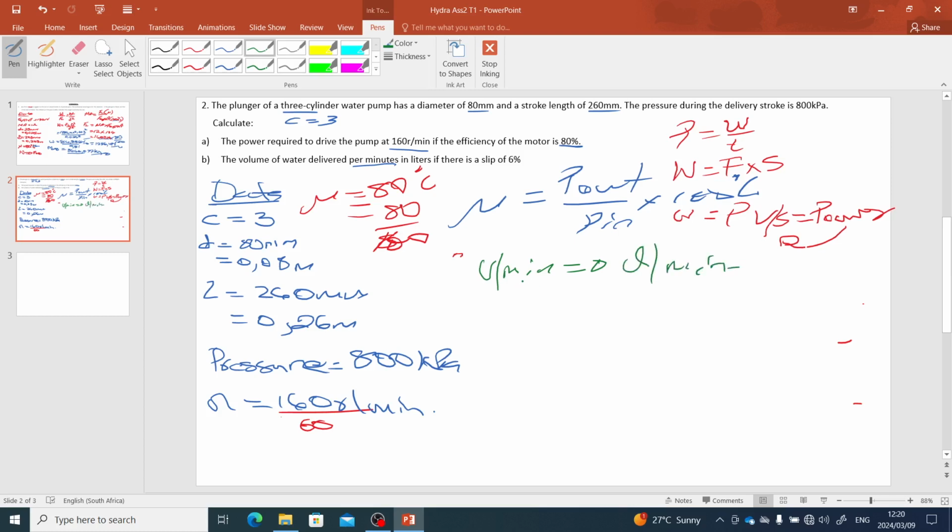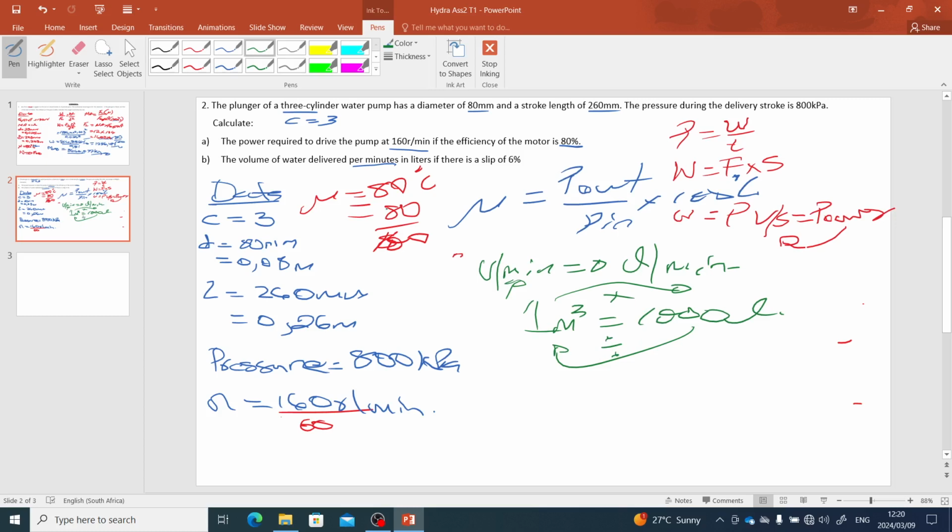We then have to calculate our volume per minute. After calculating volume per minute, then we convert. How do we convert? We know that 1 cubic meter equals 1000 liters. It means in converting cubic meters to liters, we multiply by 1000. In converting liters to cubic meters, we divide by 1000.